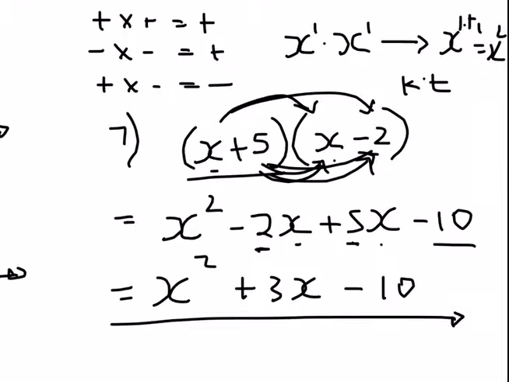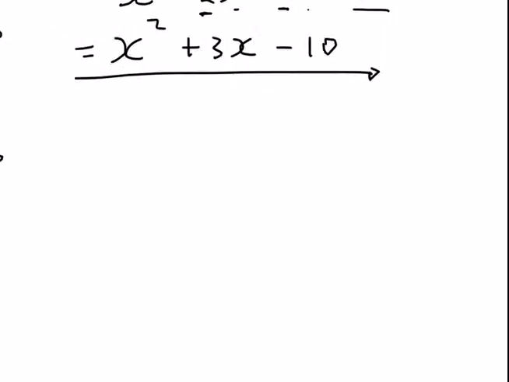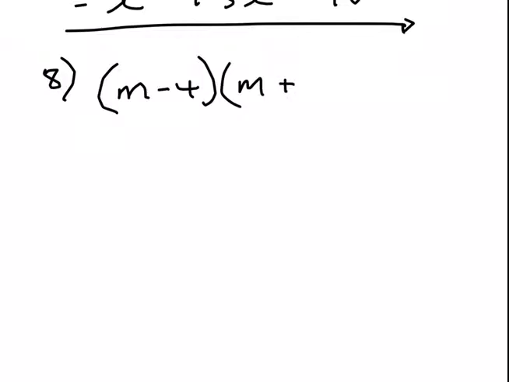Okay, then it's fine. Let's try another example, which will be example number 8, where we have m minus 4, and then m plus 3. Let's see.